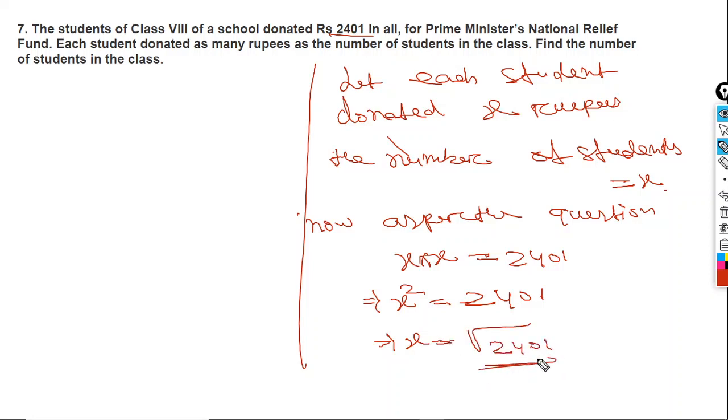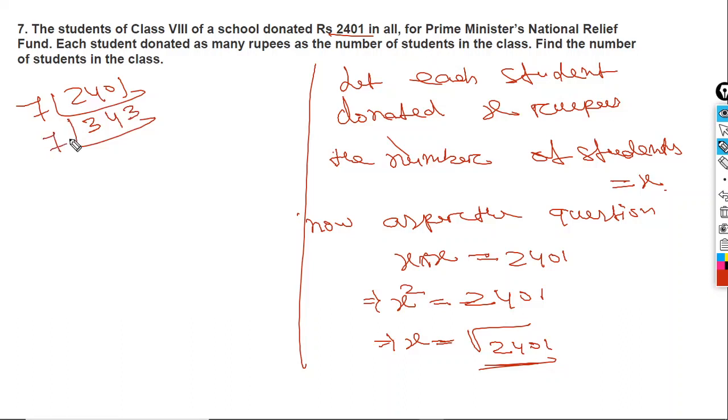Now you find the square root of 2401 here. You can see it is divisible by 7: 7 threes are 21, then 7 fours are 28, then again 7 threes are 21.